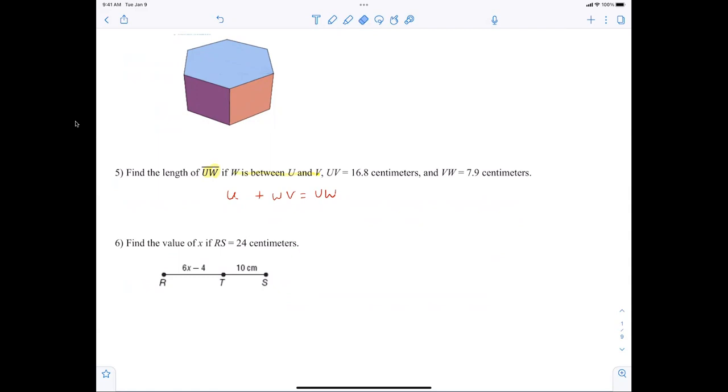In other words, W is between U and V. So UW plus WV equals UV.